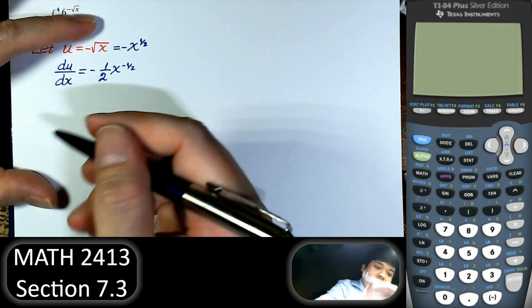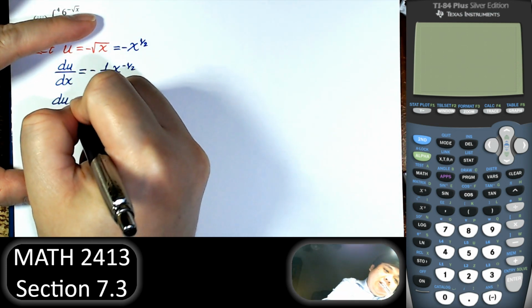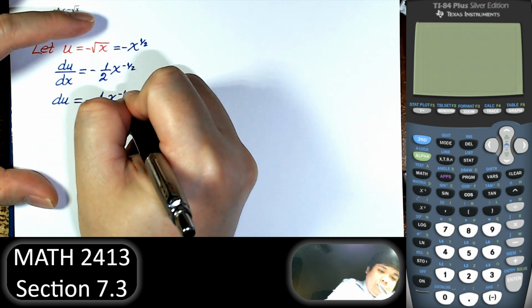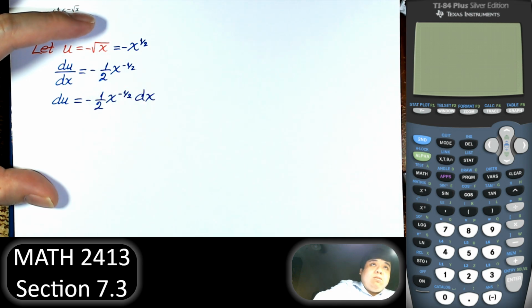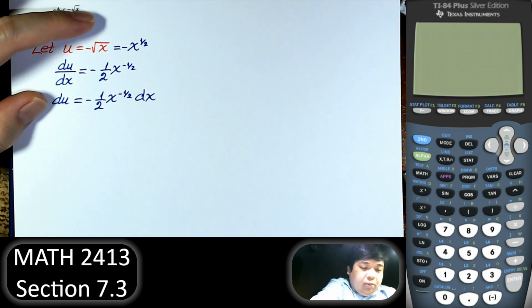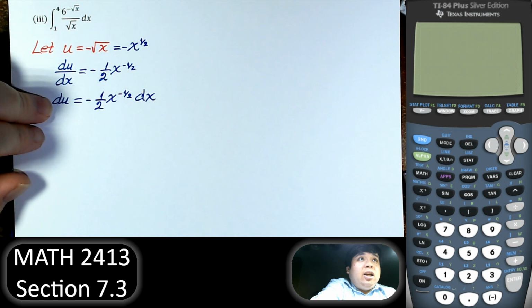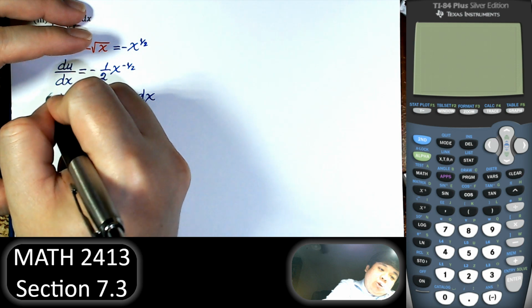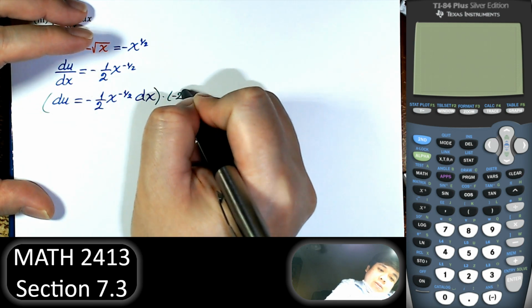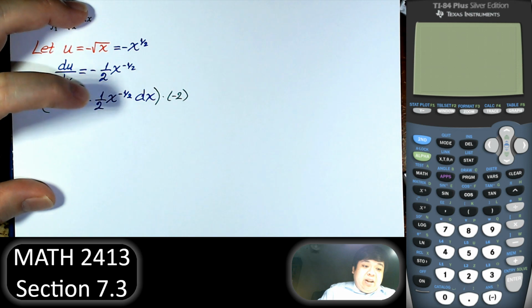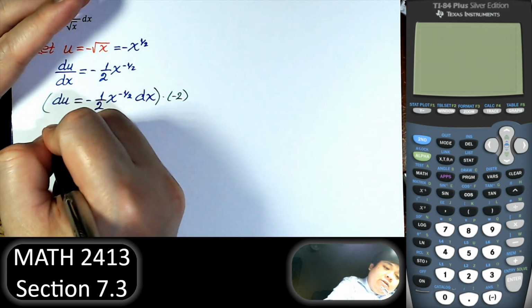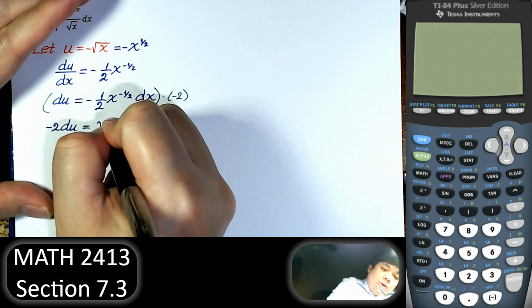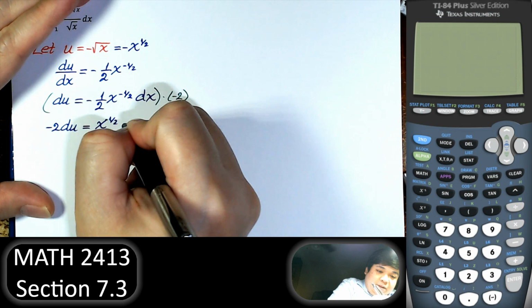So move the dx over. Now just divide this at the bottom, but it will be easier if we multiply by negative 2 first. So in that case we don't have the negative and the 2 at the bottom, so that gives us negative 2 du equal to x to the negative 1/2 dx.